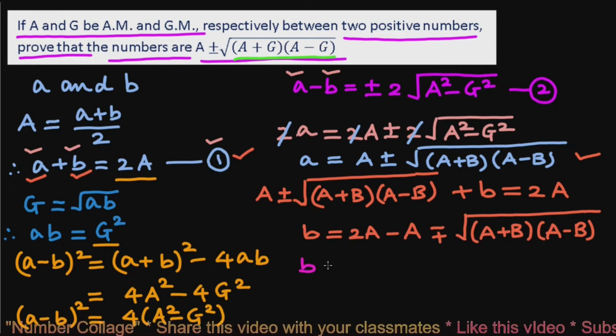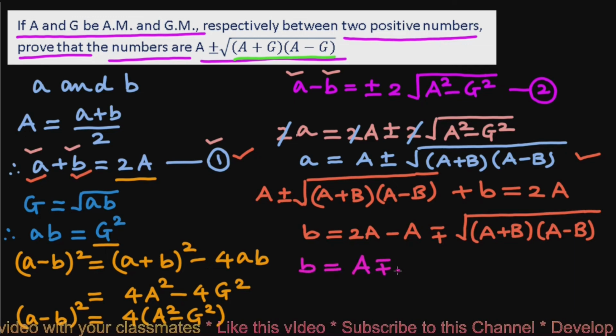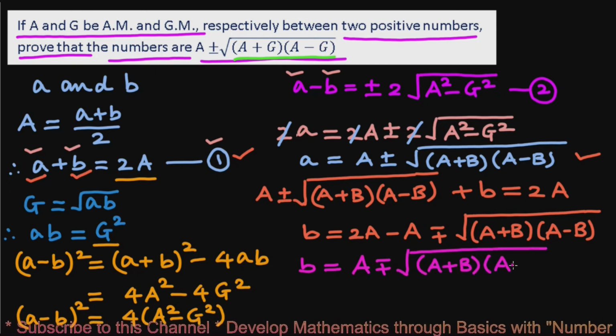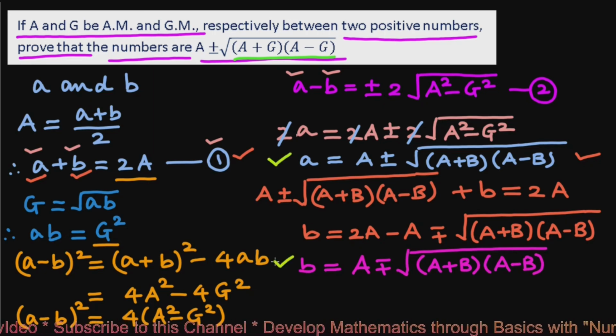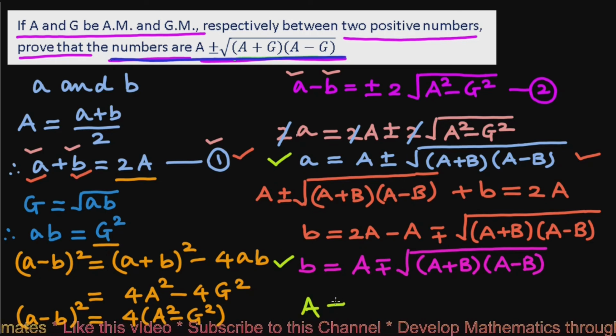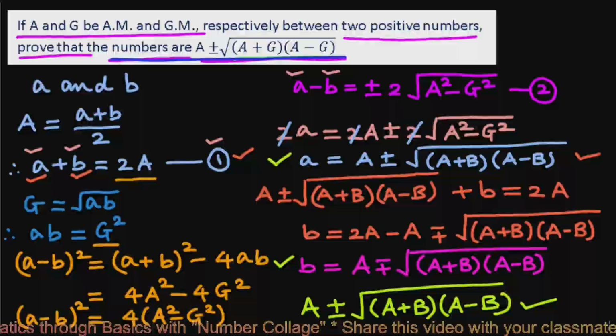This will be b equals 2A minus A, that is A, minus plus square root of (A plus G) into (A minus G). So from this value of a and that of b, we conclude that the required numbers are A plus minus square root of (A plus G) into (A minus G).